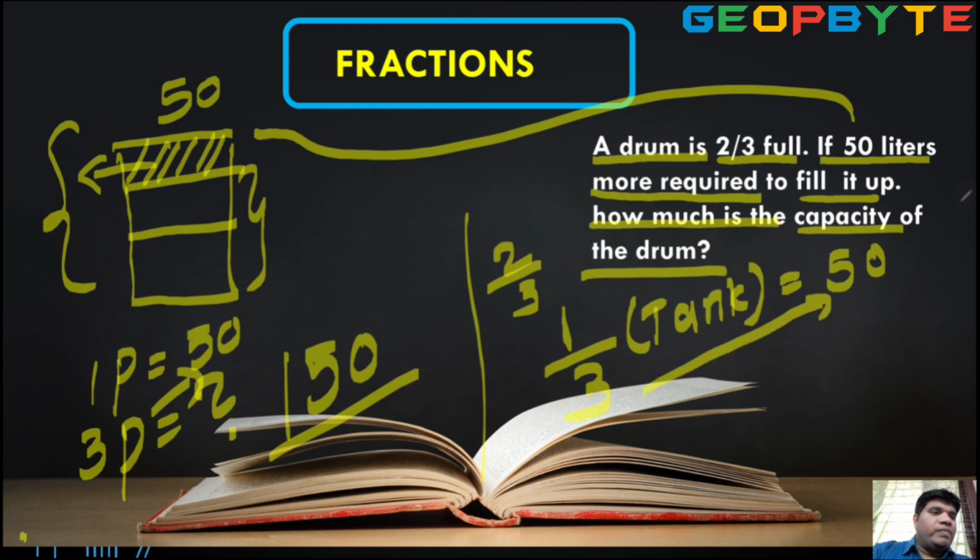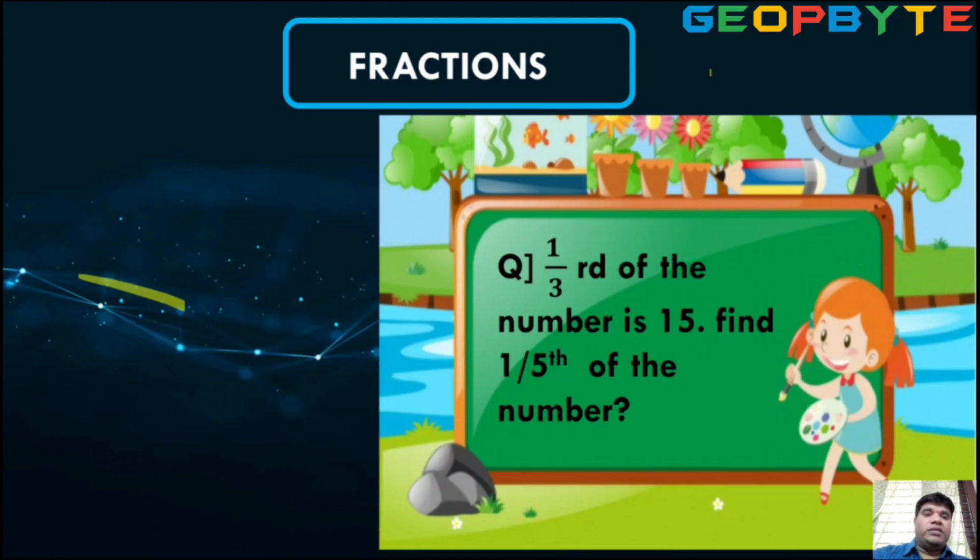Cross multiply. So tank is 3 into 50, 150. This is the answer. This is the diagrammatic way; fraction-wise, the right side answer. Next example.